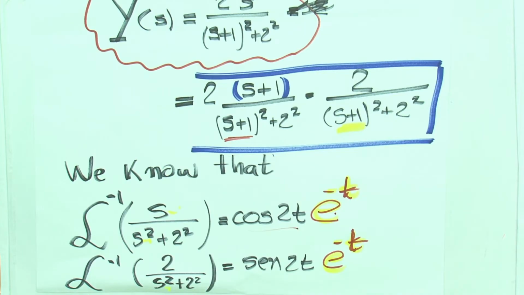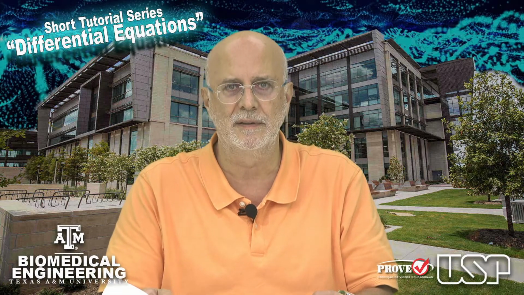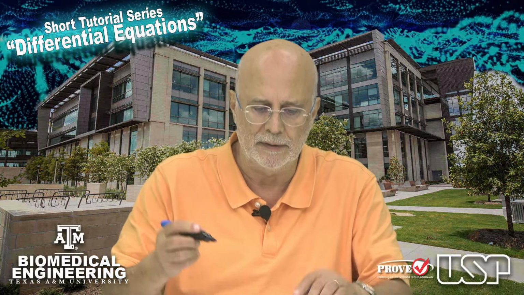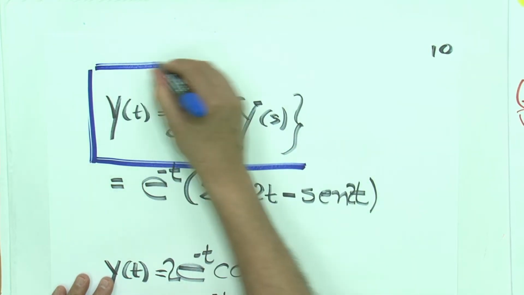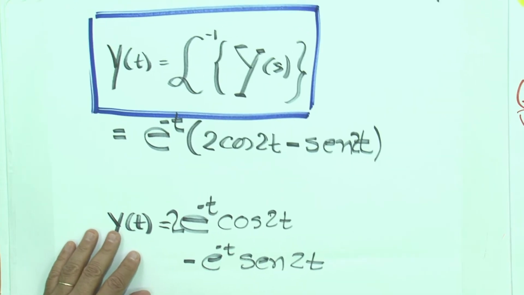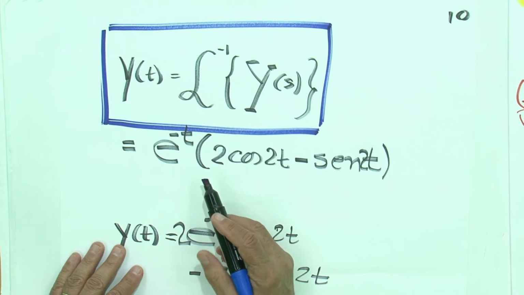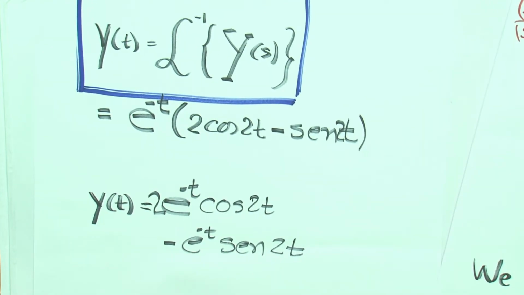So this is showing immediately to us in an easy way the solution. When I take the Laplace transform, now I'm going to take the inverse Laplace transform of that expression, I get the solution. And the solution is 2 times the cosine minus sine.